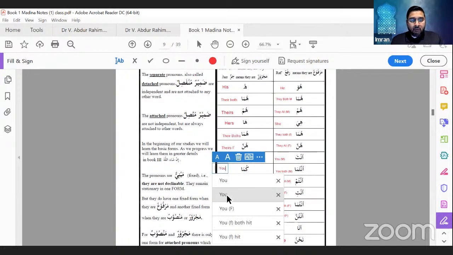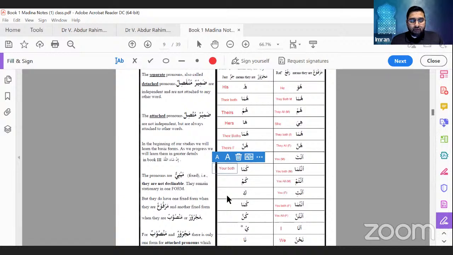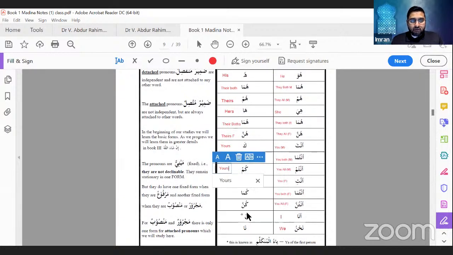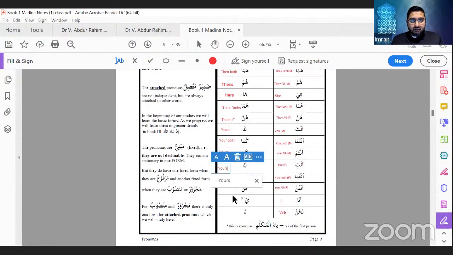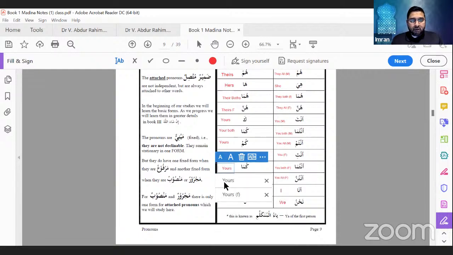So kuma means your both, and kum means yours. And then ki means yours, one female, and kuma means yours, both females.